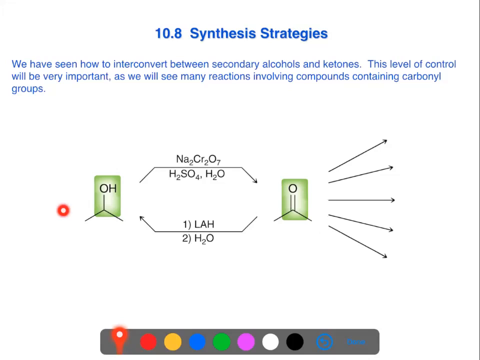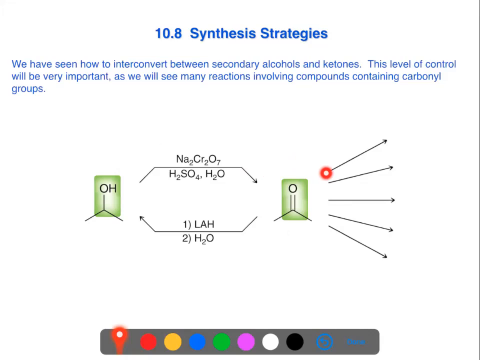We also saw that if we start with a secondary alcohol and oxidize it, we will form a ketone. Now, there are various ways in which we can oxidize this alcohol to give us a ketone. We can use chromic acid, which is prepared in this way from sodium dichromate, sulfuric acid, and water, or we could use PCC in a chlorinated solvent to carry out the same oxidation.